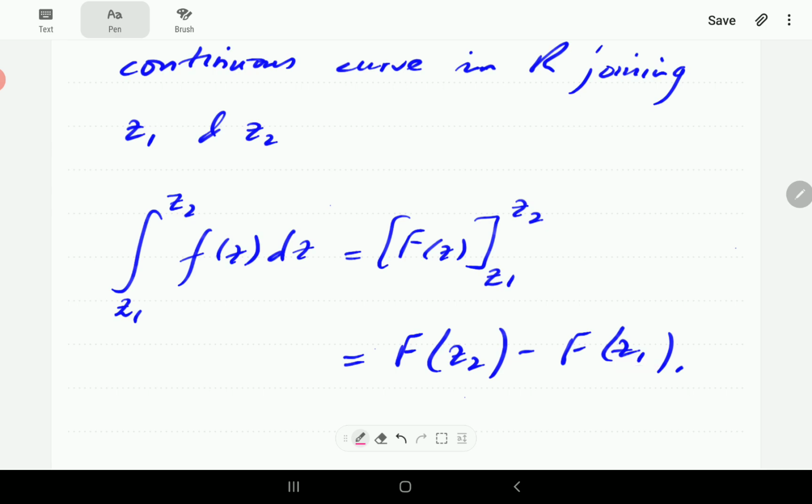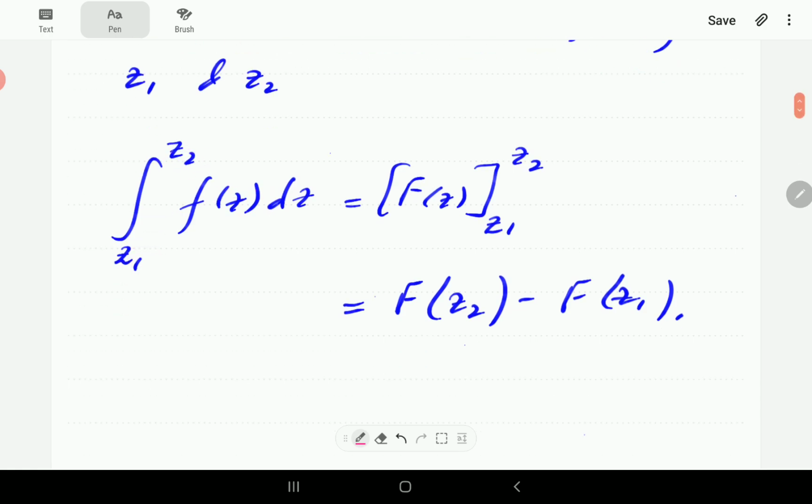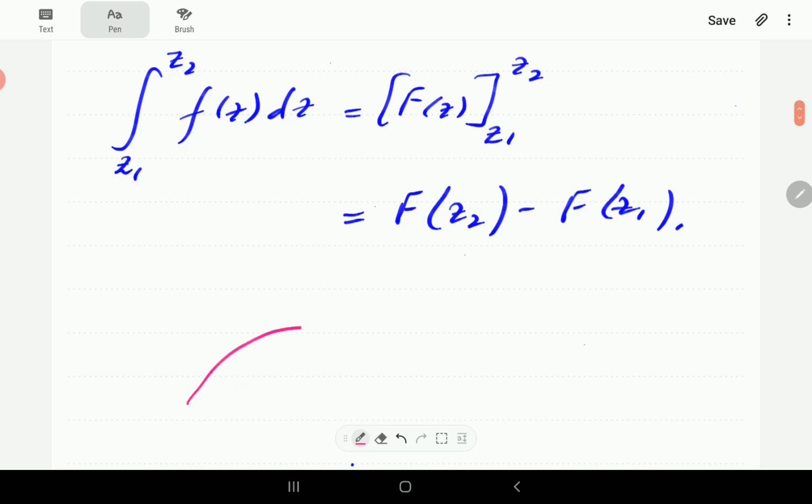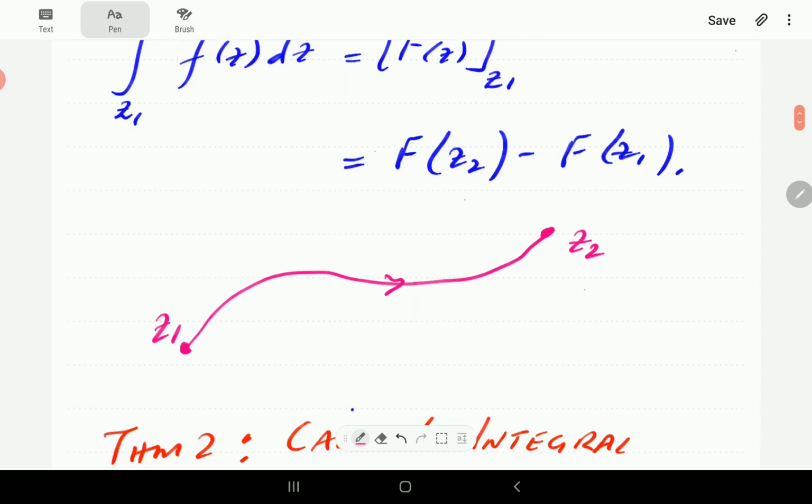So what this theorem is saying is that this integral just depends on the starting and the end point of the contour C. So if this is our contour C, this is Z2, this is Z1, then if F is analytic in the whole region wherein the curve is defined, the value of the integral is just going to be dependent on the two extreme points of the curve.